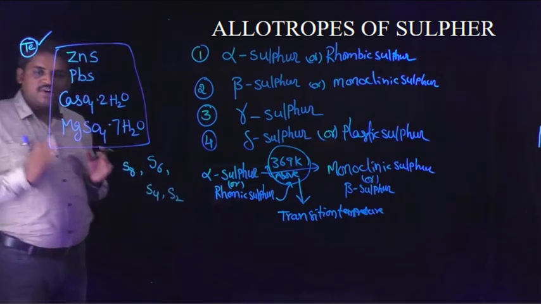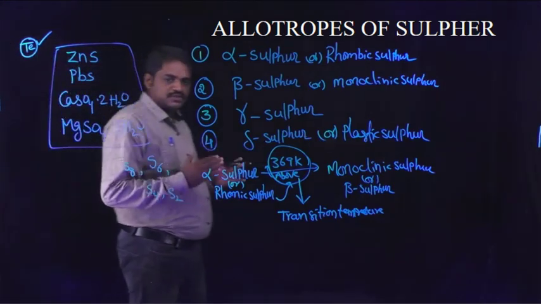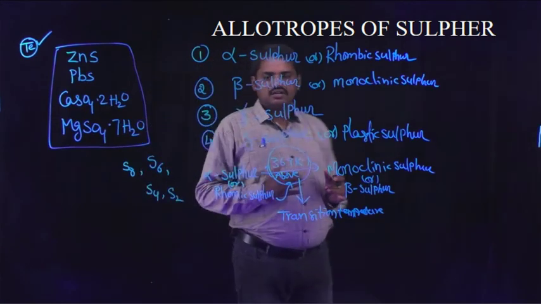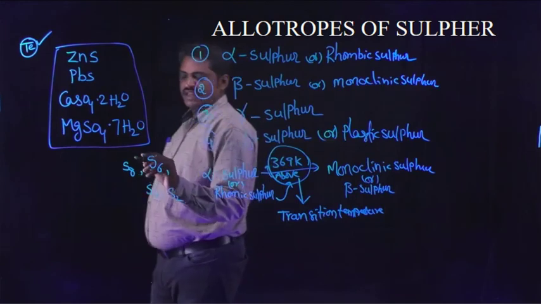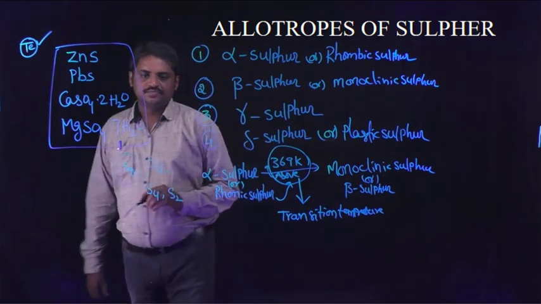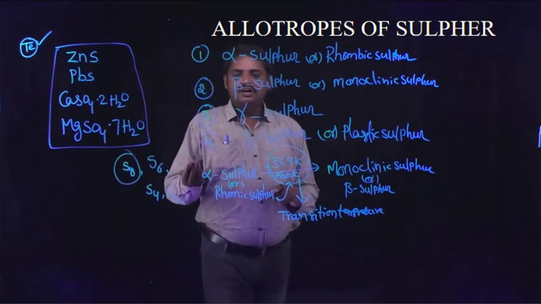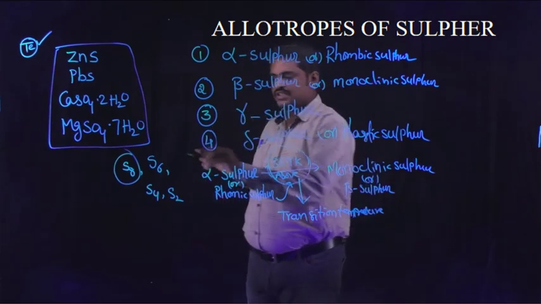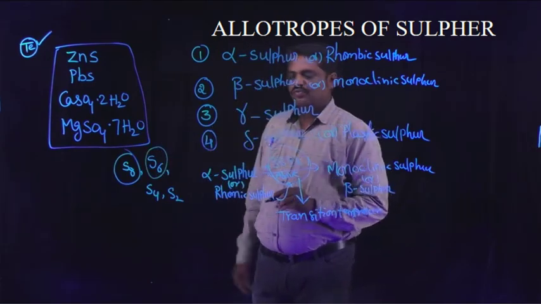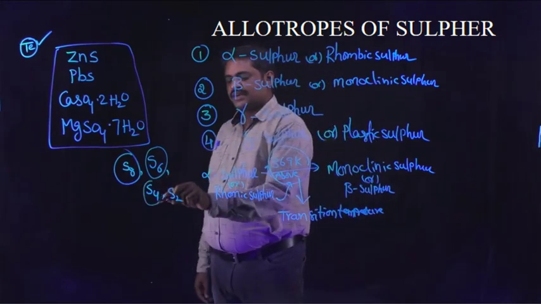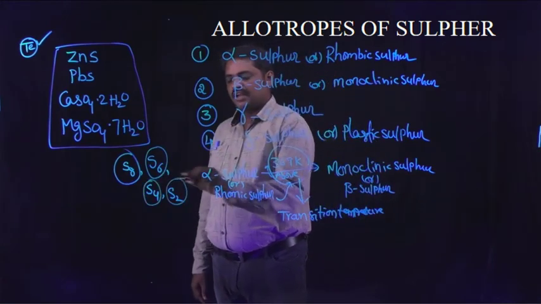The chemical formulas of allotropes of sulfur are majorly S8, and very few are S6, S4 and S2.